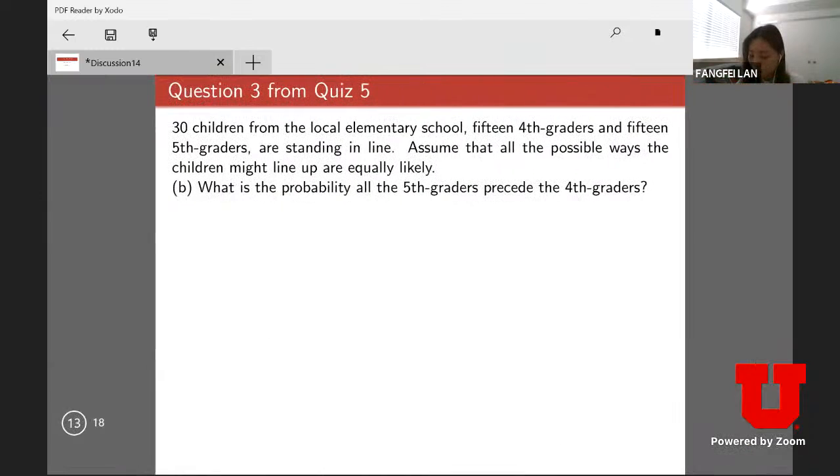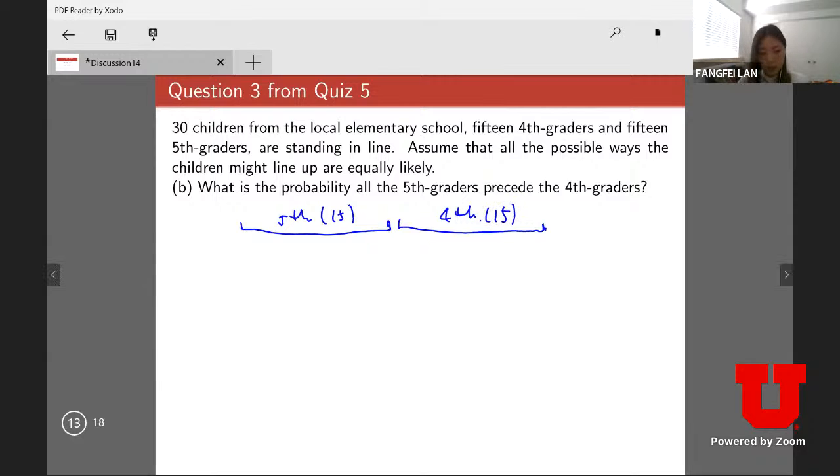Okay, so what about the second one? What is the probability that all the fifth graders precede the fourth graders? So what does that look like? Basically, you have these 2 separate lines. So these are the fifth graders, right? And these are the fourth graders. There are 15 fifth graders, and there are 15 fourth graders as well.